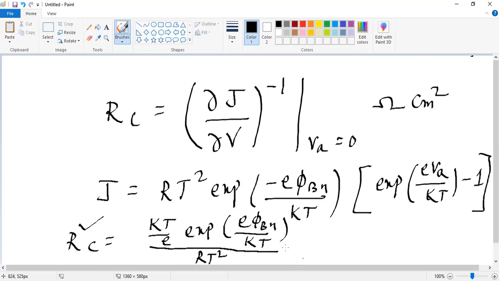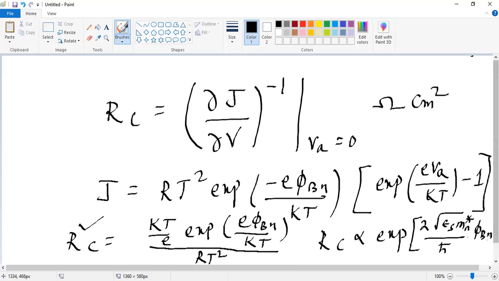If the junction has a very highly doped semiconductor, then tunneling will dominate, and we get that Rc is proportional to e to the power of 2 square root of εs m_n* divided by ħ multiplied with φBn divided by square root of Nd.